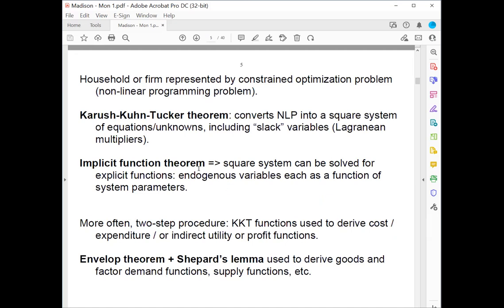Okay, I circulated the pre-course notes, so I don't want to go through that, but there are a lot of underlying pieces of mathematics that are extremely useful for creating these economic equilibrium problems.